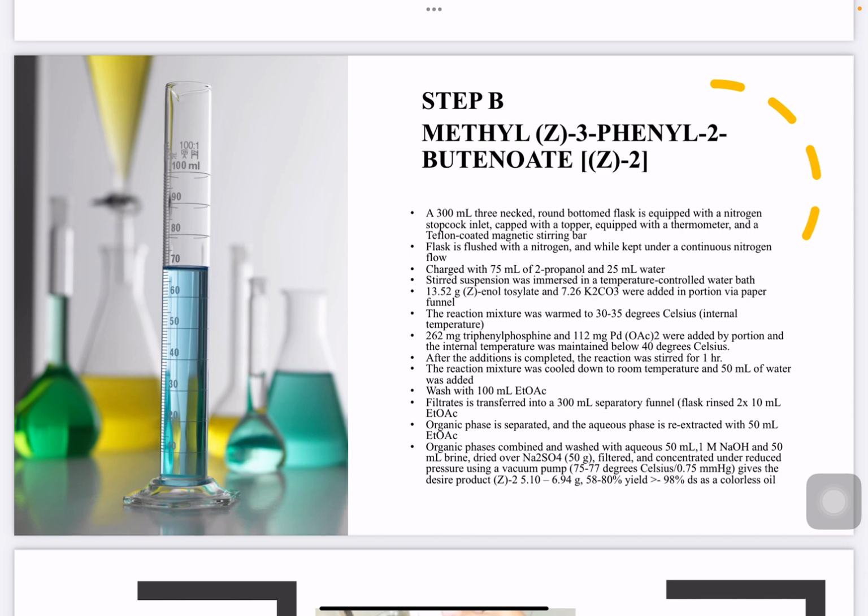The reaction was warmed to 30 to 35 degrees Celsius, the internal temperature. 262 milligrams of triphenylphosphine and 112 milligrams of Pd(OAc)2 were added in portions as well, and the internal temperature was maintained below 40 degrees Celsius. After the addition was completed, the reaction was stirred for an hour.